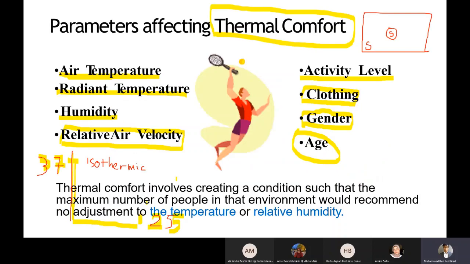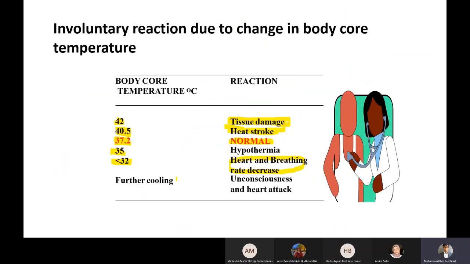I explained something about isothermic. Our body is isothermic, so I want to continue this discussion. You have a body temperature here, 37, for example, and an ambient temperature of 25.